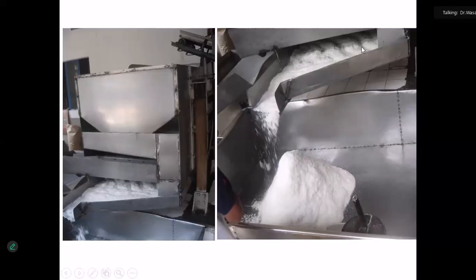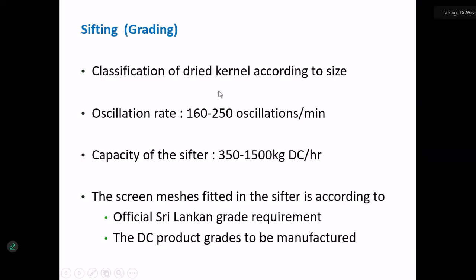What they do is oscillate, sifting. These are the different sizes. The large particles remain here, small particles come down to the next one. Likewise, different sifters are there. So they are moving this way. You can see in the video. So classification of kernel according to size.